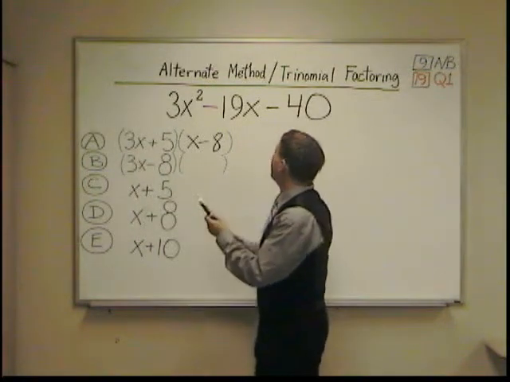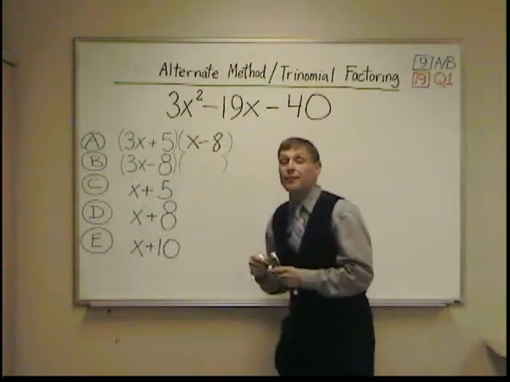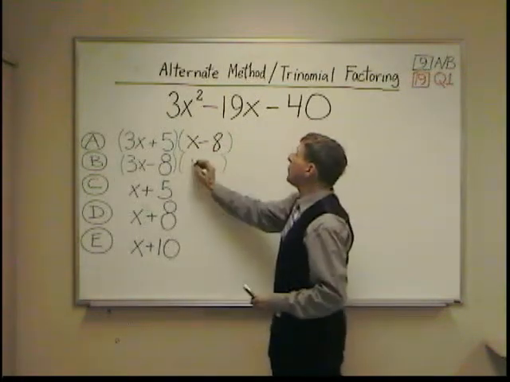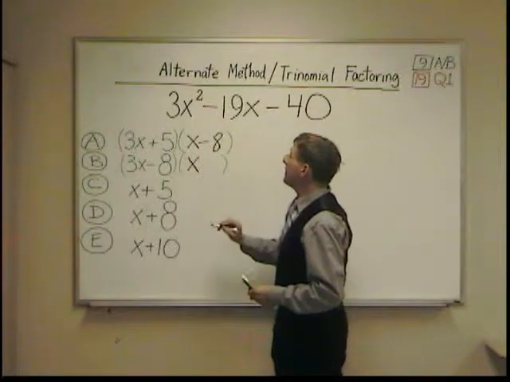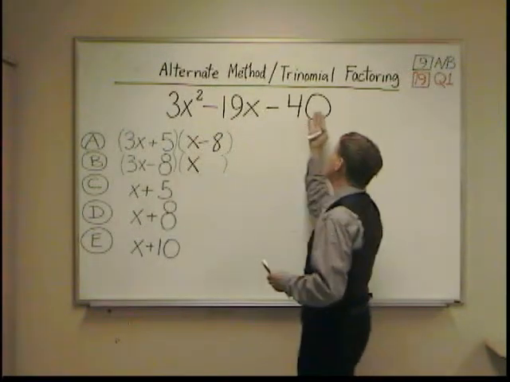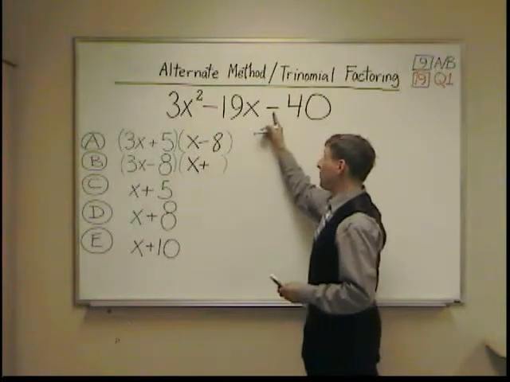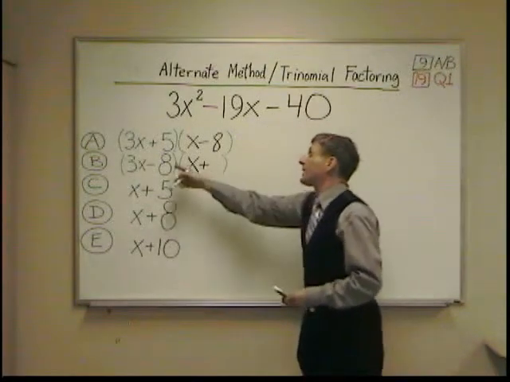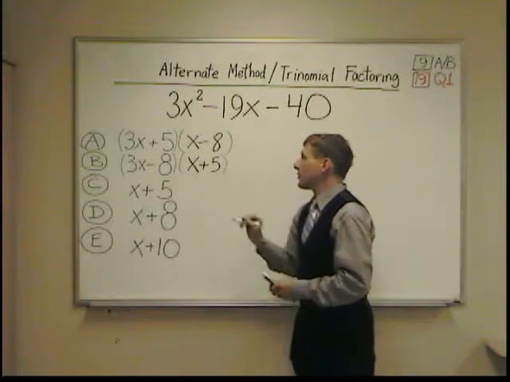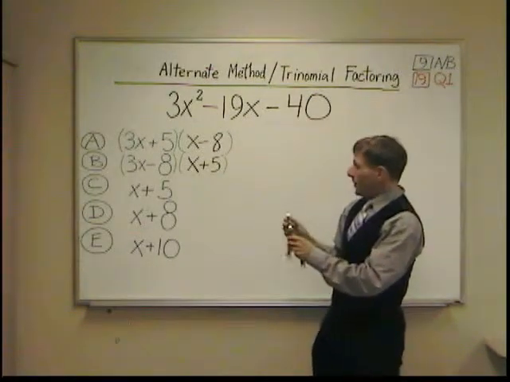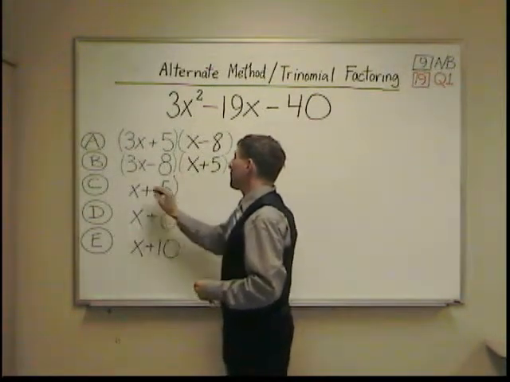For 3x minus 8, well again, if I have 3x in the first set, then the second one would be the regular x. And minus 8, to get 40, would be positive 5 to get a -40. So the signs, again, unlike, would be x plus 5. Let's do choice C. I'm given the x plus 5.